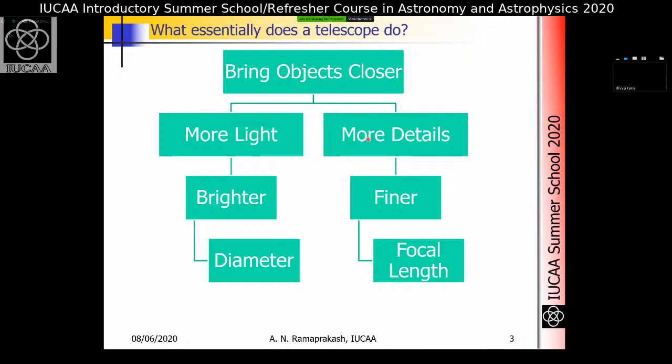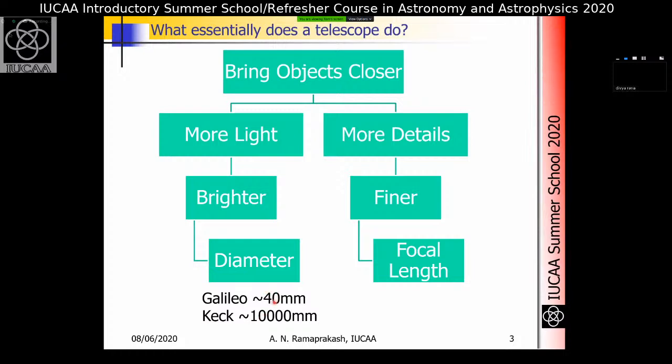Now, to put this in perspective, when the first telescope was used to do some kind of astronomical observations by Galileo Galilei, about 400 years ago, his telescope had a diameter of about 40 millimeters. But today's largest optical telescope has a diameter of 10 meters.